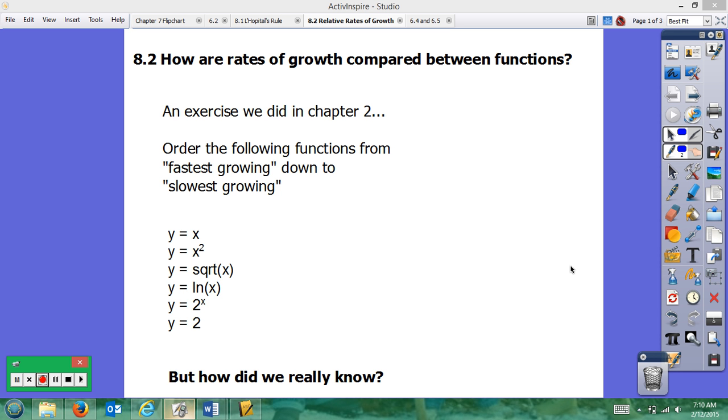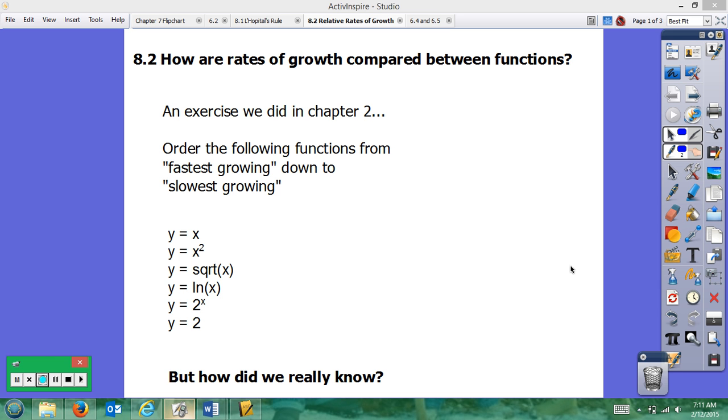It had to do with the rates of change, but we really did it graphically. What you did was experiment with your calculator, with the table, and we came up with a list. So maybe you want to pause and think about what the order was, but I am going to go over it right now.